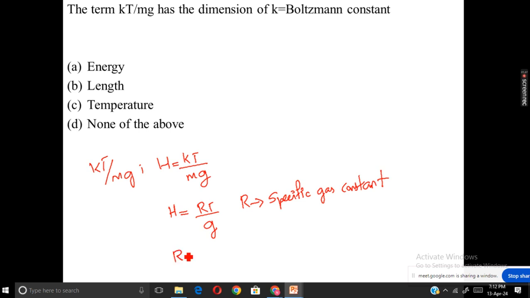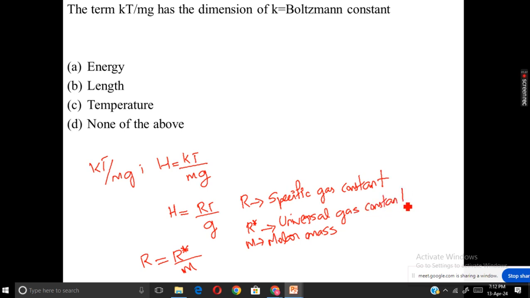And we have another term, R star, which is the universal gas constant. The relation between R and R star is R equals R star by M, where M is the molar mass of the gas. R star is the universal gas constant; for 1 mole of any gas, this will be the gas constant.